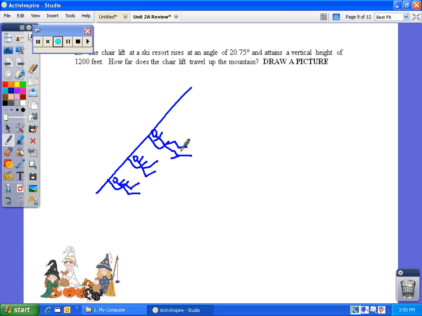Maybe I should make the skis longer. Okay. So the chairlift rises at an angle of 20.7. That's an angle of elevation if we're talking about rising. So I'm going to draw my angle of elevation right here.